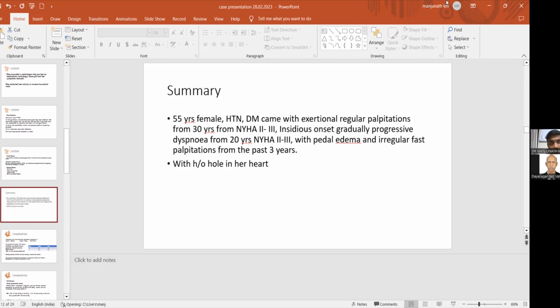Okay, hypertrophic cardiomyopathy can remain relatively asymptomatic for a long time, but palpitation is not a very common symptom. Okay, fine. Why do they develop dyspnea on exertion? People with HCM, why do they develop dyspnea on exertion?